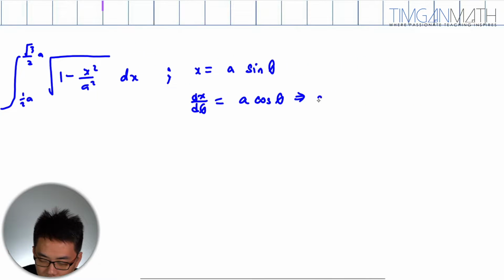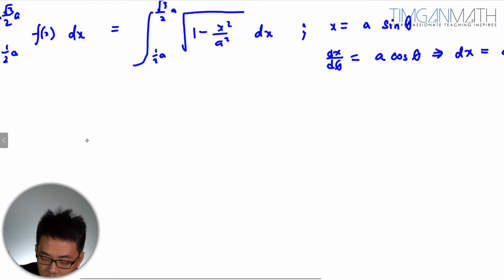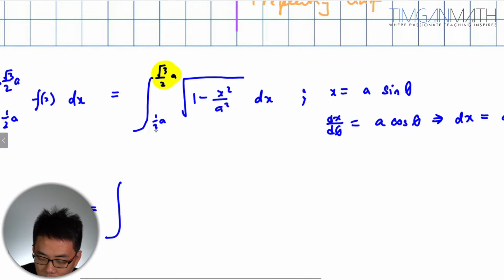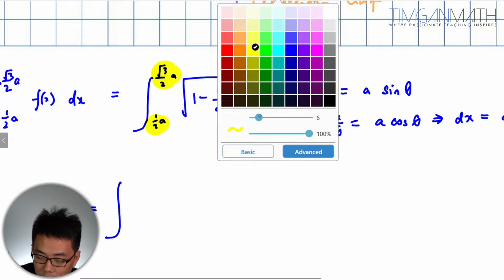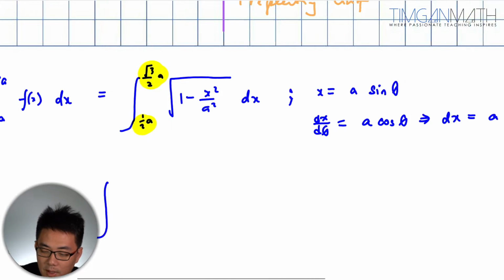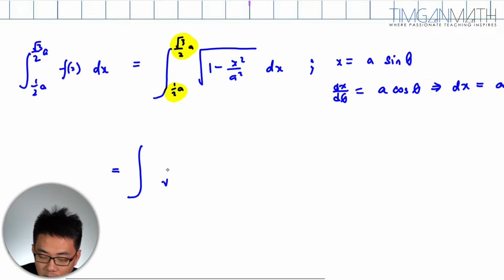So we know that dx equals a cosine theta d theta. Just know that. Then what we're going to do is substitute it in. Now this one, careful. When you substitute in, make sure you change the boundary there. But you don't want to change it also, and later on you change back.